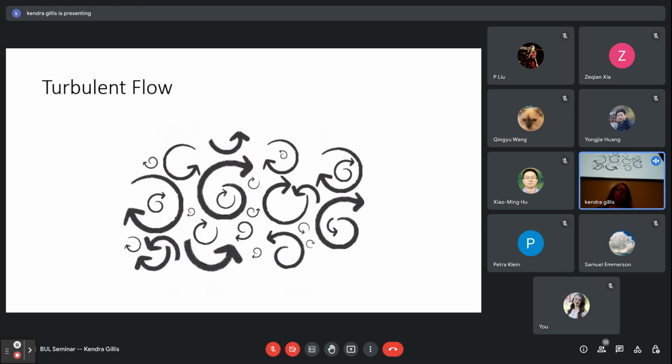Often it's also moving in a direction, maybe from left to right on the screen, but what really makes it turbulent is all of the spinning motion. The hope is that if we could understand these eddies and spinning motions, we could better understand and better model fluid turbulence.